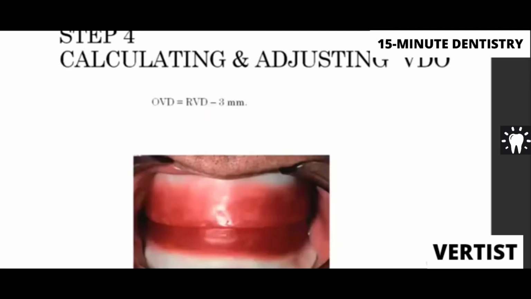And then after you take this reading, you do some calculation. If you reduce 3 millimeters from the vertical dimension at rest, you get the vertical dimension of occlusion. For example, if this is 6 centimeters and you minus 3 millimeters, you get 5.7 centimeters as the occlusal vertical dimension.